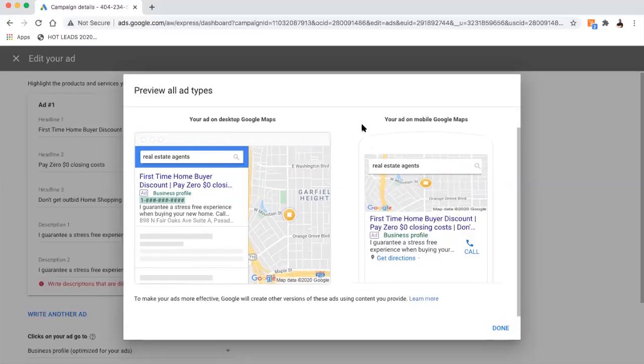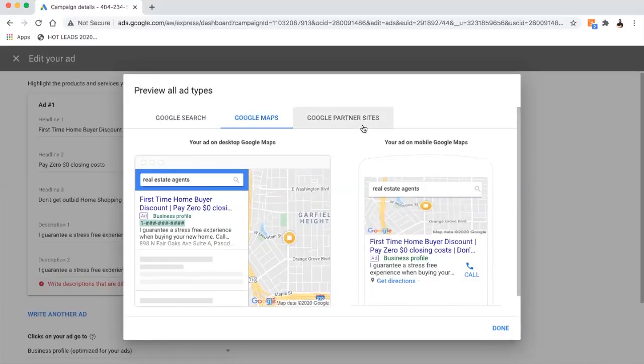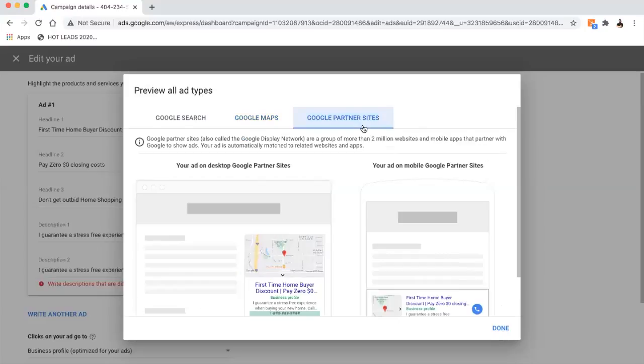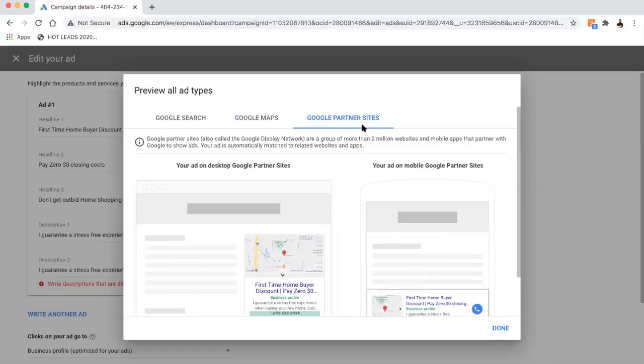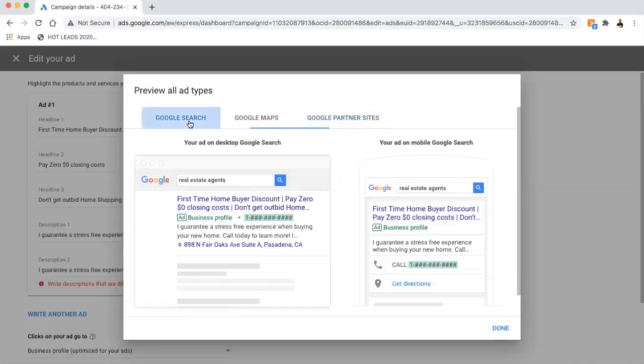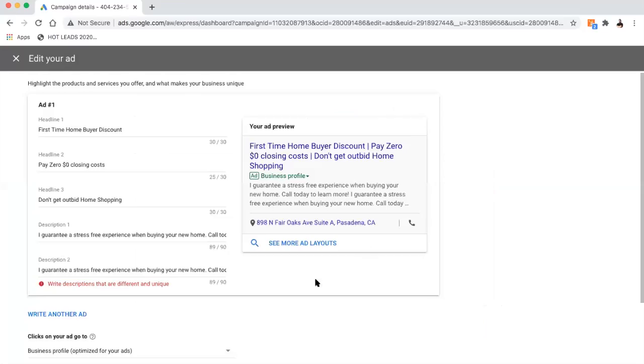Once they click on it, it may send them to their Google Maps profile, but there's no advertising per se on Google Maps. Got you. It also has Google partner sites. I'm not sure what that means. I'm not sure what that is either. I know that when you have your Google My Business, it allows you to create a website within the portal, so I don't know if that's what that is. But anyway, that's done.